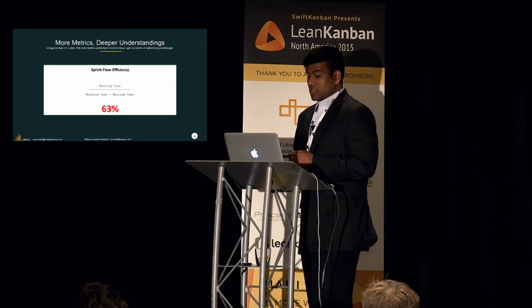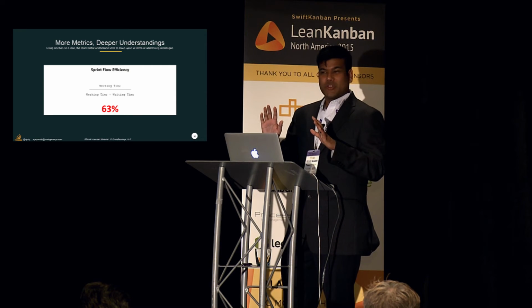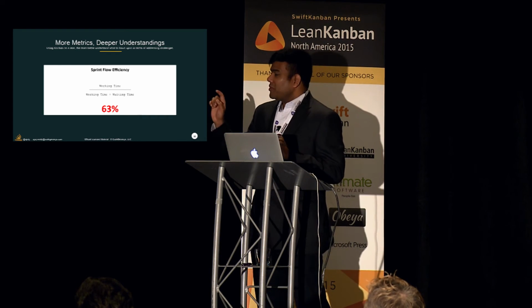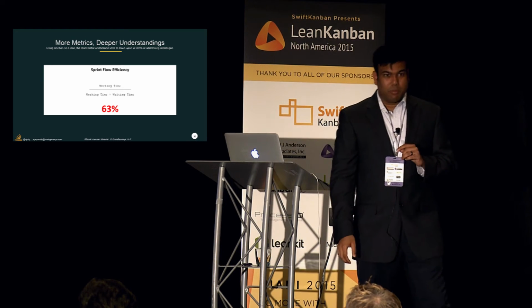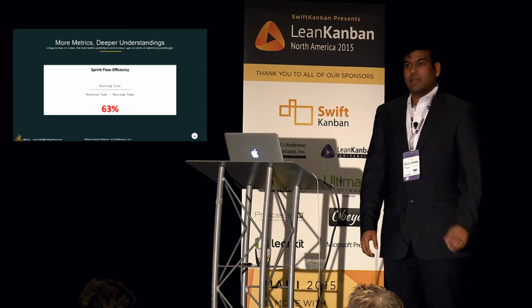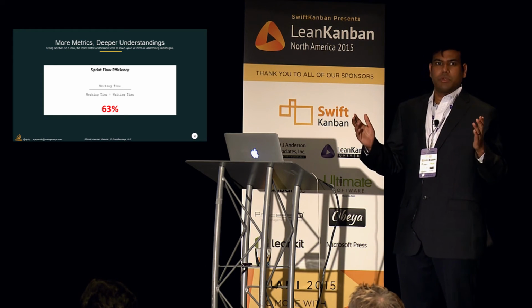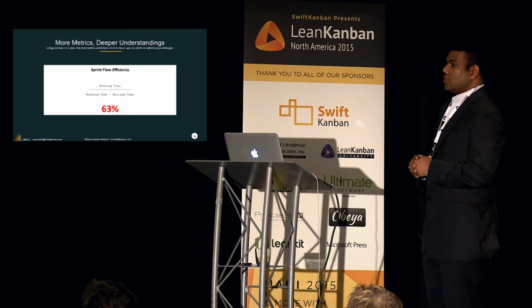Another thing they started measuring, and on the next slide I'll show you, the process improvement folks in the Kanban world, don't jump on me. Let me clarify before you do. This is the sprint flow efficiency. I know there was a blog post out there with data saying flow efficiency is 5 to 8% in most teams, and 18 to 35% is a good number to hit.